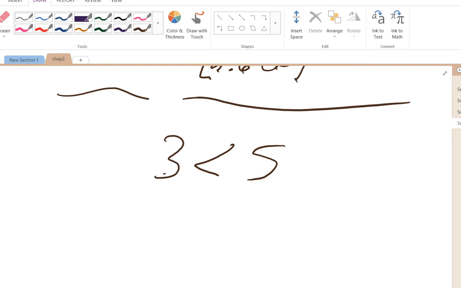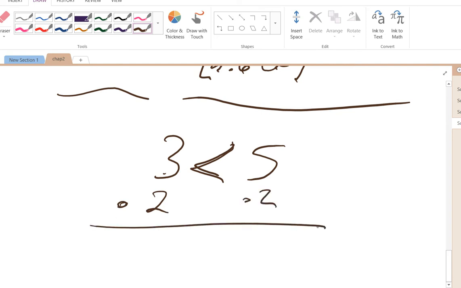If we multiply this or add or subtract by any number, no matter what number I choose, let's say I decide to multiply this by 2, that's going to be 6 is less than 10. Is that still a true statement? Yes. So multiplying doesn't change anything.